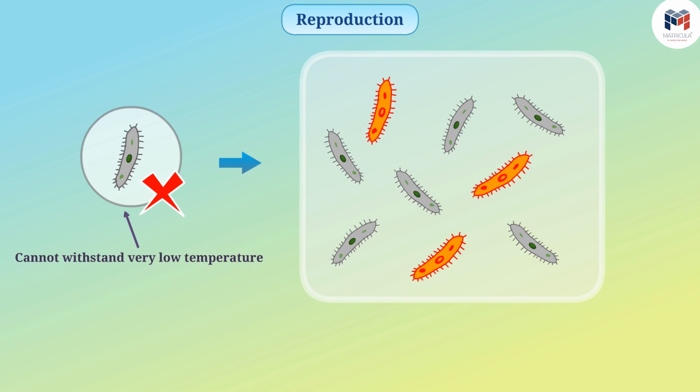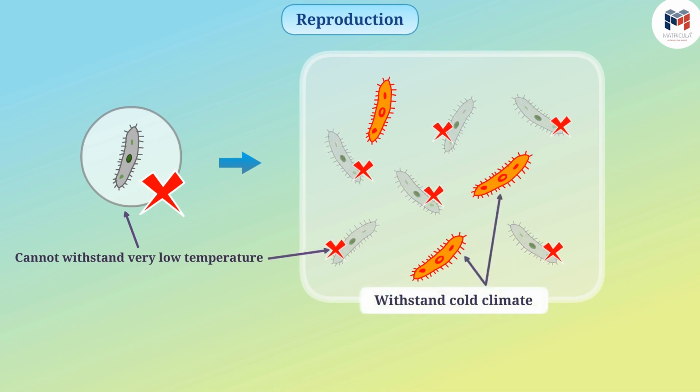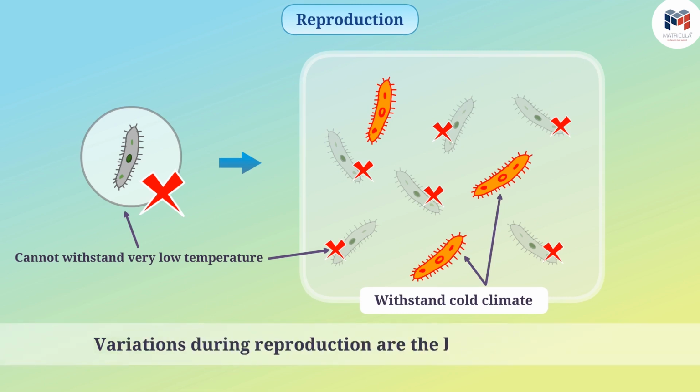If the climate becomes colder, then many bacteria will vanish. However, those which can withstand cold climate help the species to survive. This is how variations are helpful for the survival of species. Therefore, we say that variations during reproduction are the basis of evolution. We will discuss this in another video.